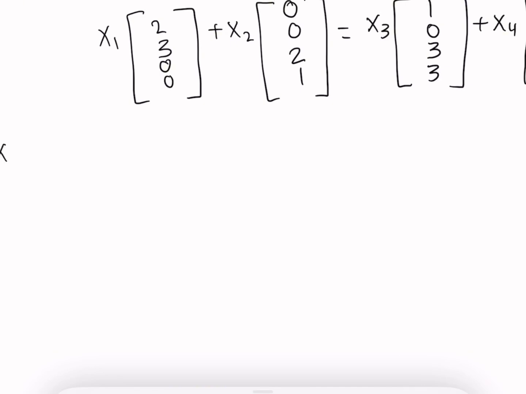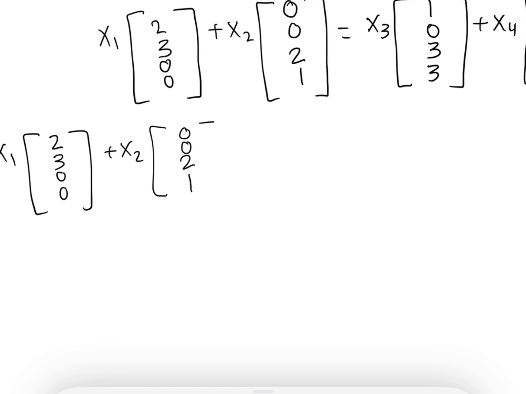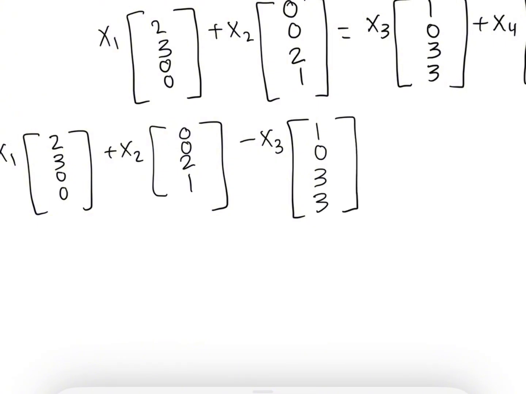So we'll do x1 times 2, 3, 0, 0 plus x2 times 0, 0, 2, 1, and then minus x3 times 1, 0, 3, 3, minus x4 times 0, 1, 2, 0, will equal 0.